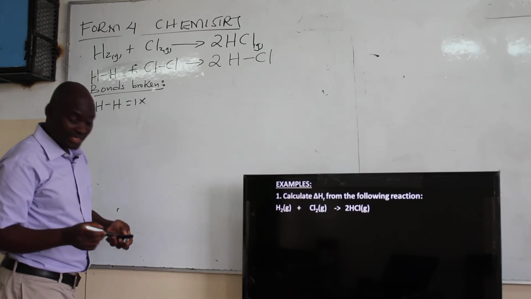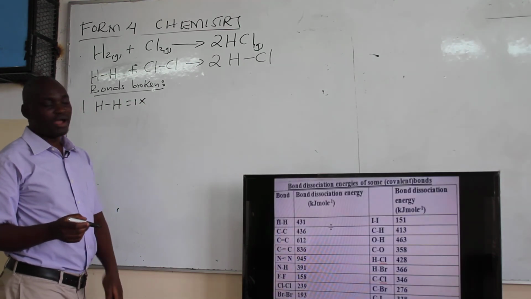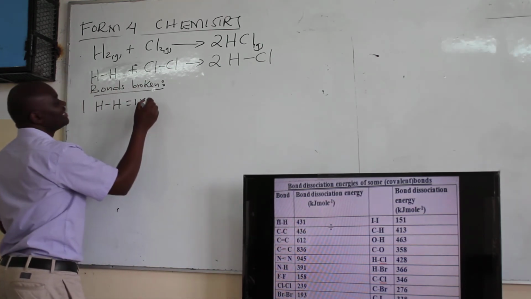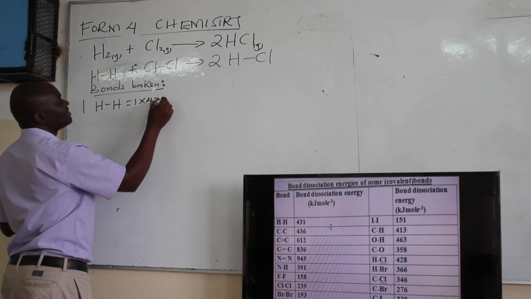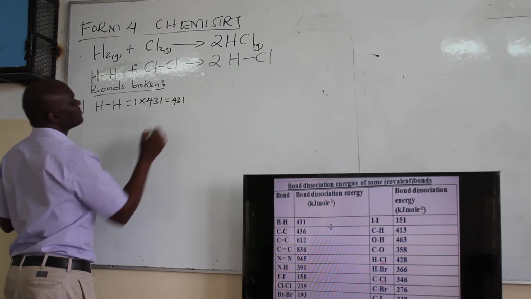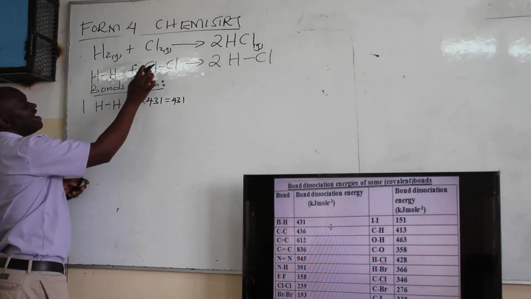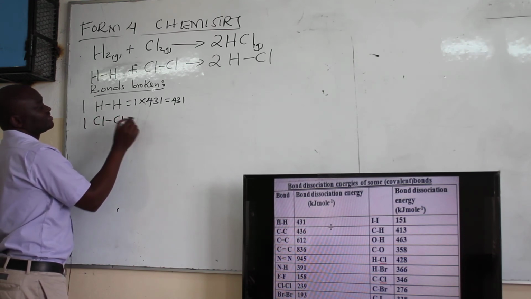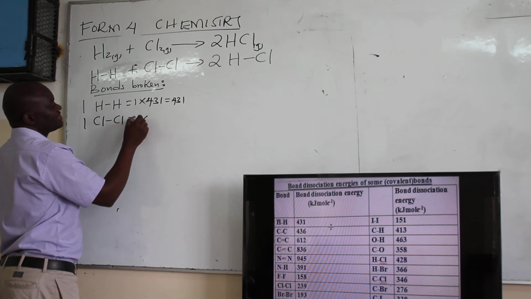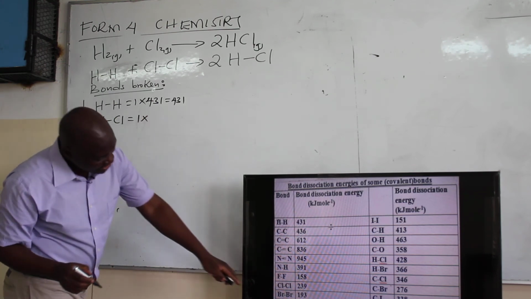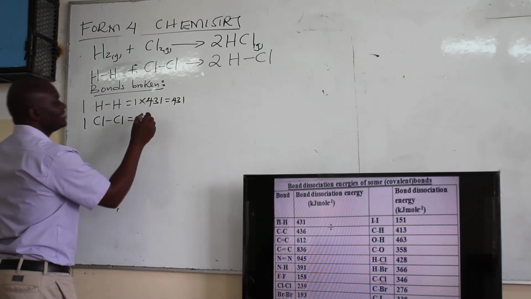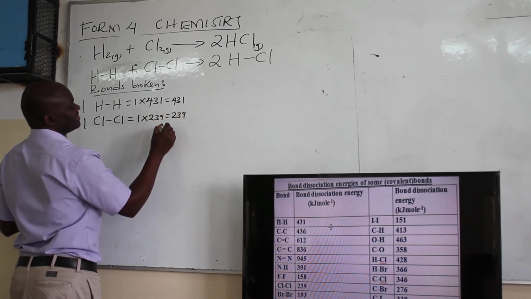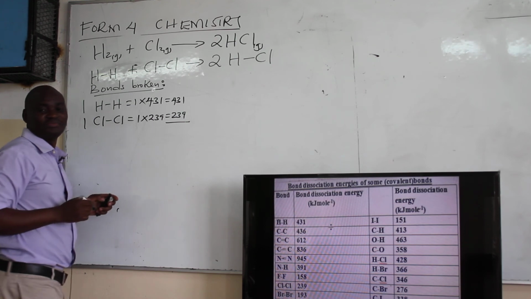Coming back to our table, the hydrogen bond energy required is 431. Then we have another one, the chlorine bond, which is 1 times 239. Let me get the total.